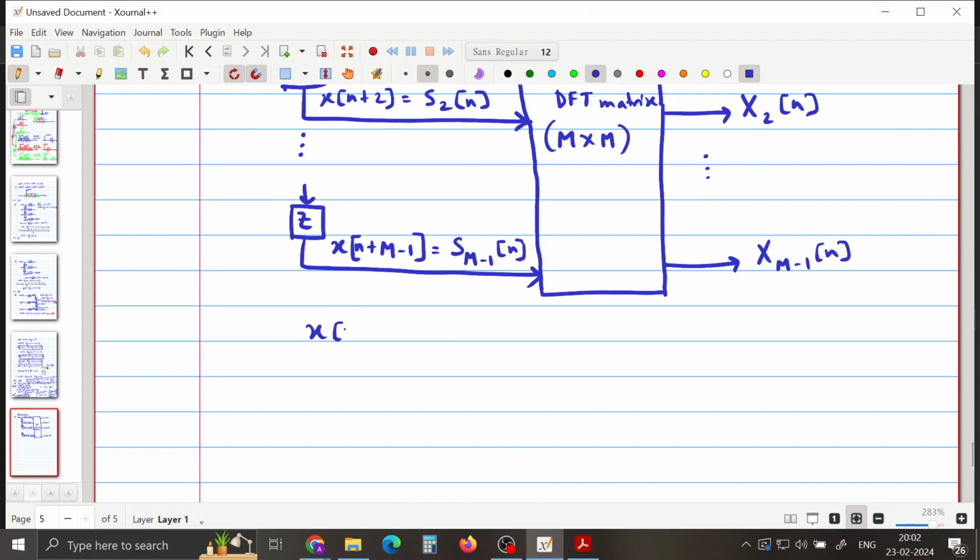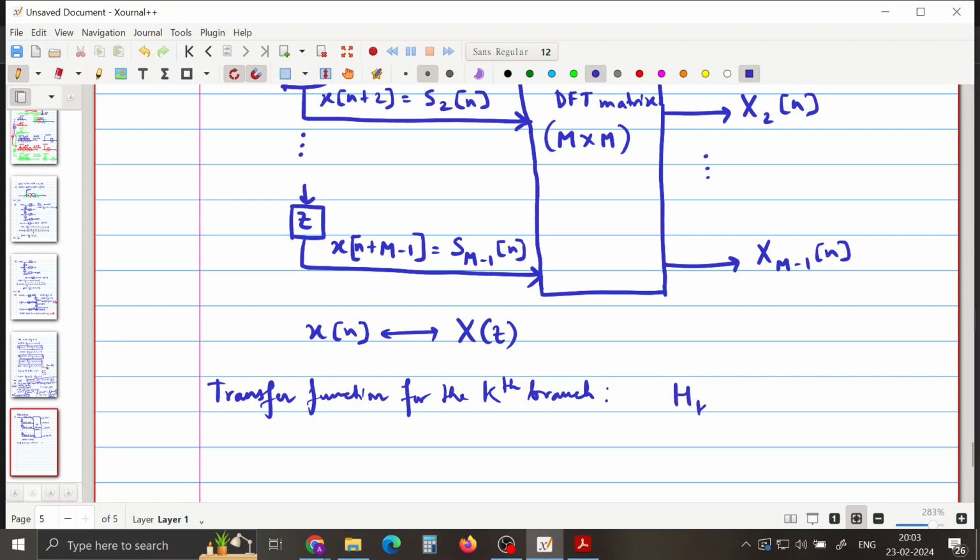Now the notation is like this: x of n has a z transform like this. The transfer function for the kth branch is denoted by Hk of z, which is nothing but Xk of z by X of z.